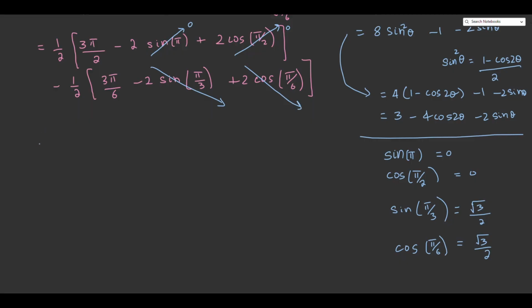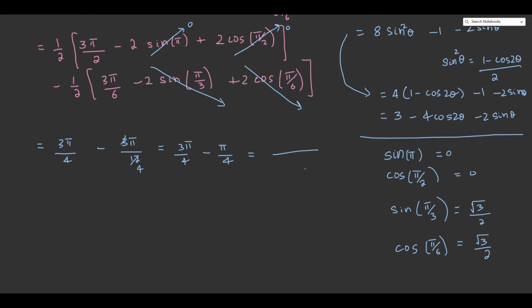Okay, so we are going to be left with 3 pi by 4 minus 3 pi by 12, and here this 3 cancels with this one and we get pi by 4.